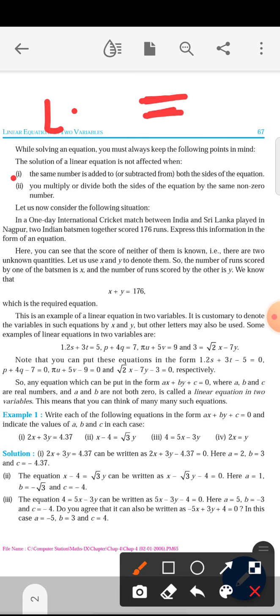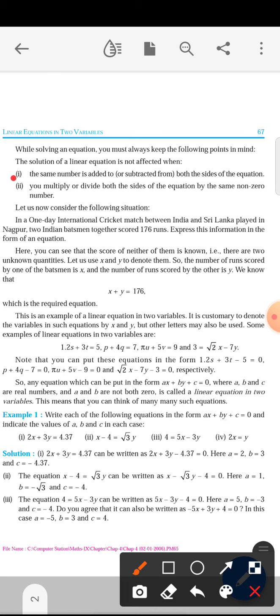So the first property says that the same number can be added to or subtracted from both sides of the equation. Okay, we can add or subtract the same number on both sides of a linear equation. Second property: multiply or divide both sides of an equation by the same non-zero number.